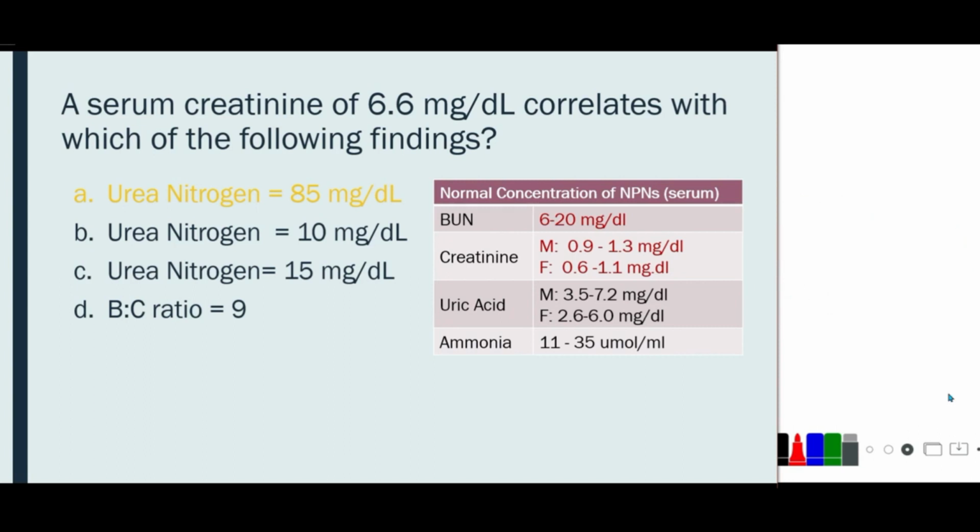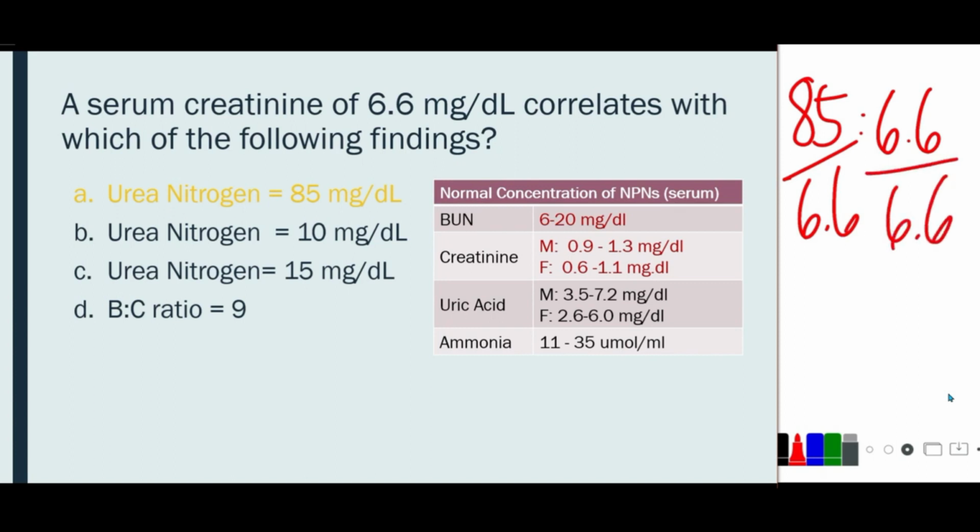So to solve for that, we have here your BUN, which is 85, and then we have our creatinine, which is 6.6. So we simply divide both sides by 6.6. So 85 divided by 6.6 is equivalent to 12.8, or to round that up, that is equivalent to 13. And of course, 6.6 divided by 6.6 is 1.